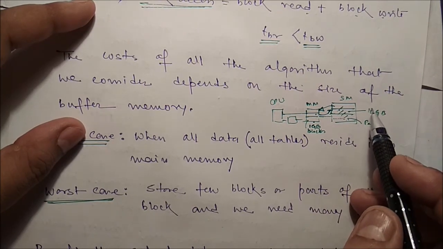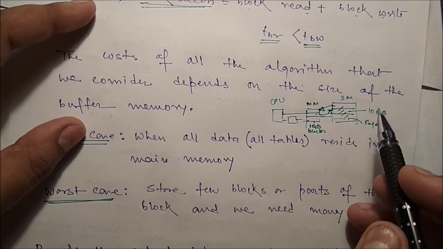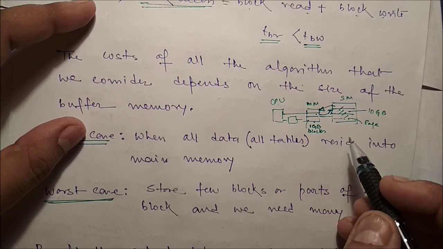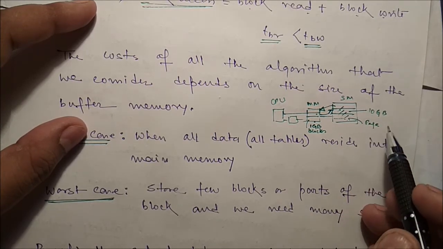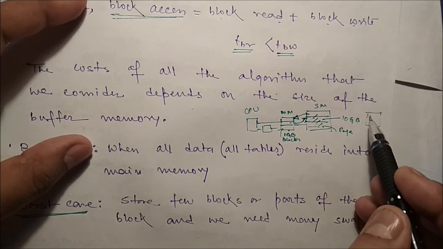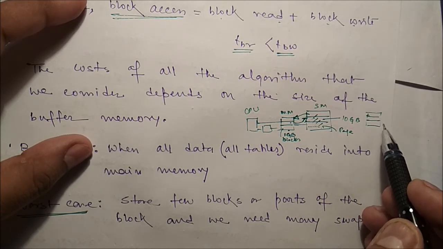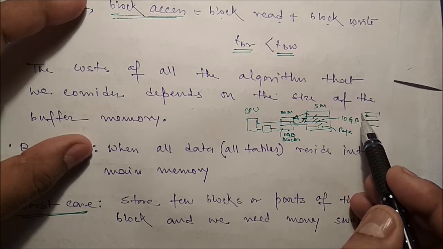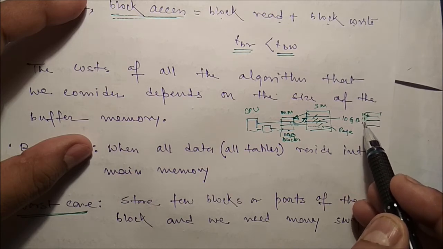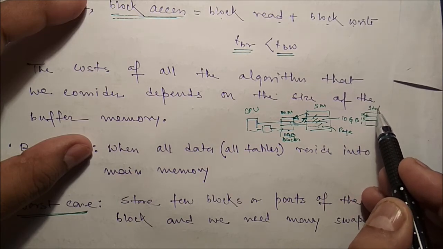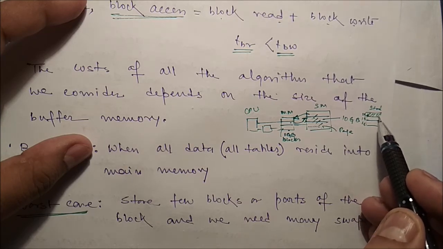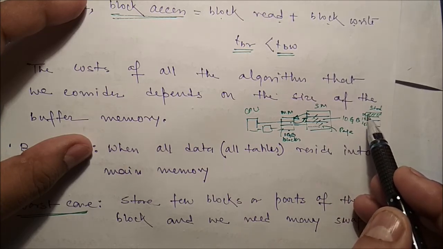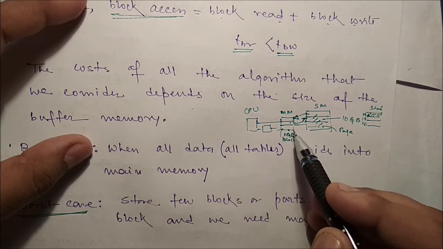So if a table is there, say a student table, and its size is, for example, 3 GB, we can break the table into 3 equal parts, 1 GB, 1 GB, 1 GB, and transfer block by block into the primary memory.